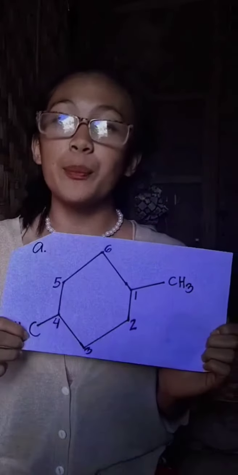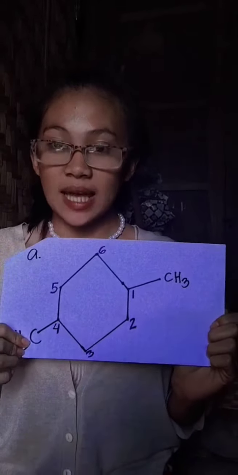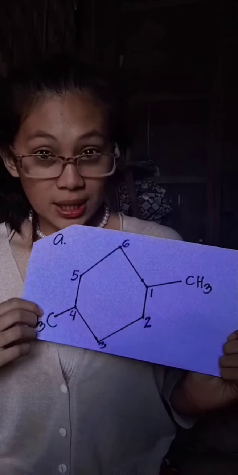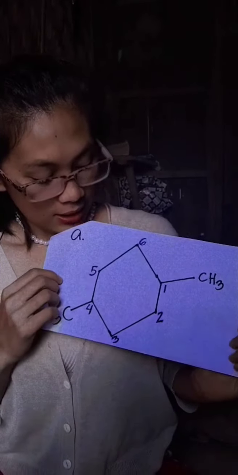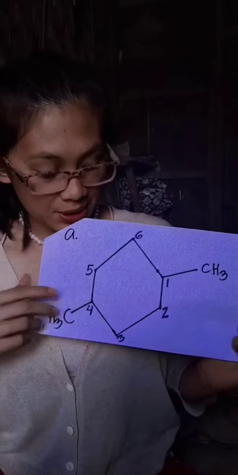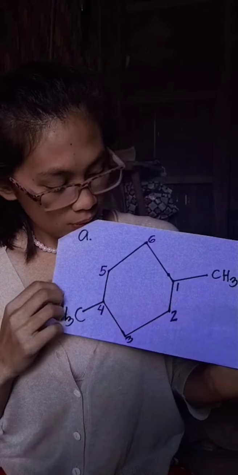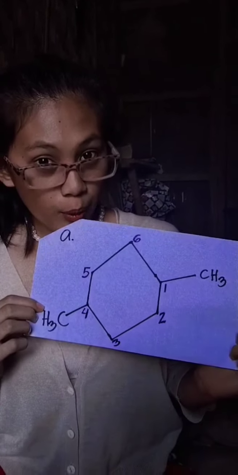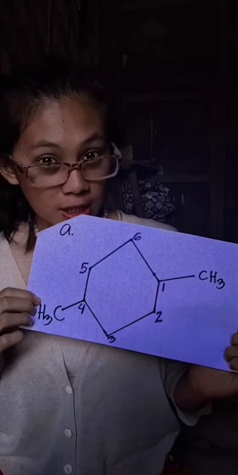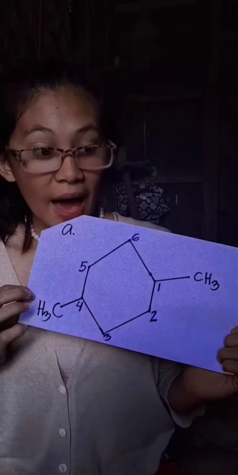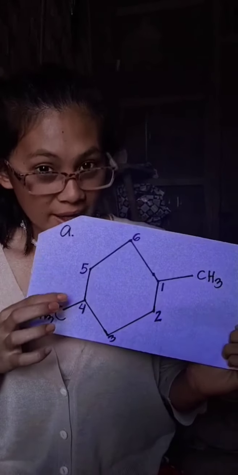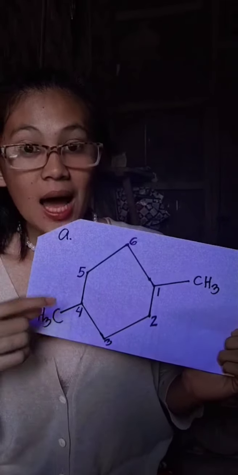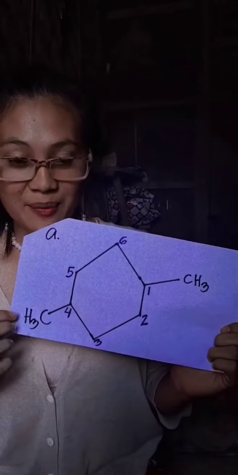So therefore, our parent name is hexane. And our substituents are, we have 2 substituents that attach to carbon 1 and carbon 4. They are both methyl. So we call these 2 as dimethyl. 1,4-dimethyl.